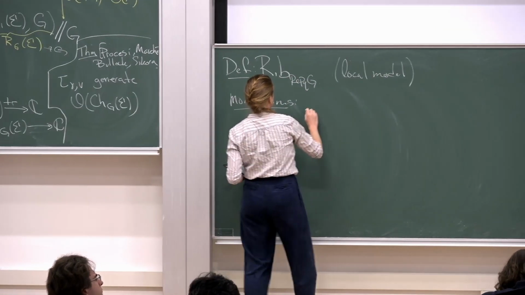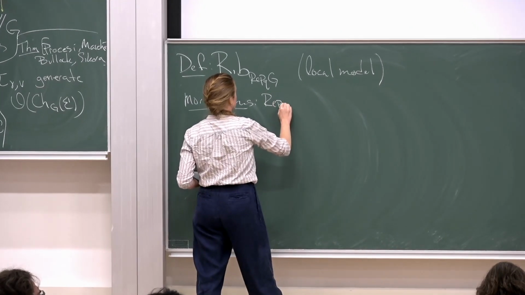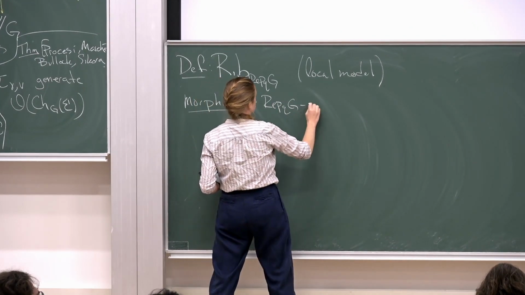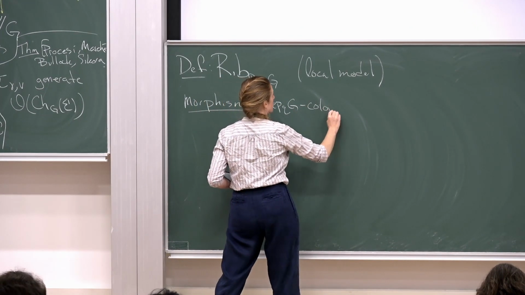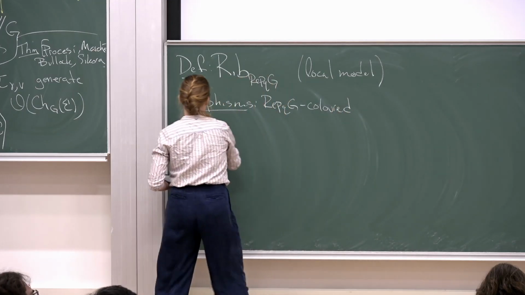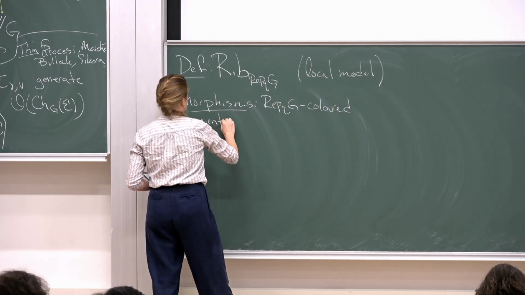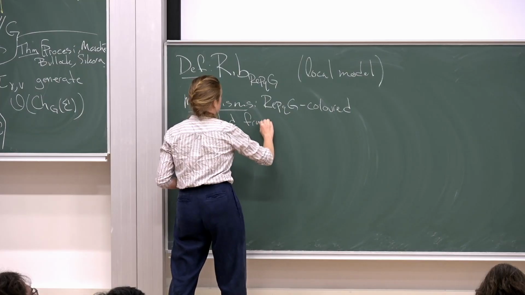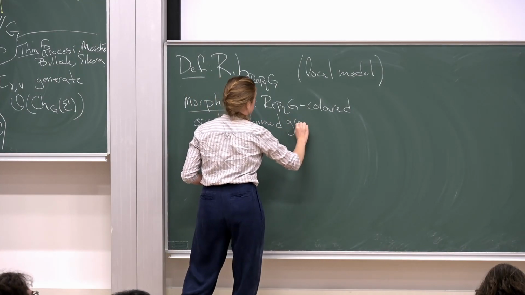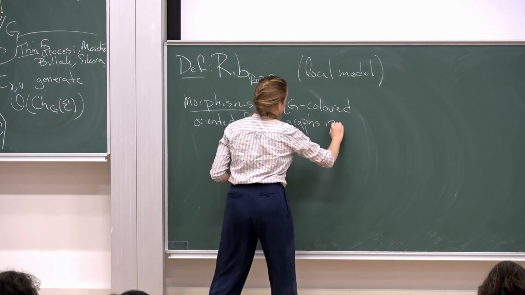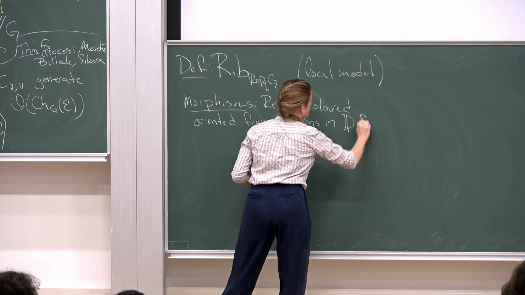I'll write it out and then say how all the words go together. They'll be Rep Q G colored, oriented, framed graphs in a disk, which I'll thicken.